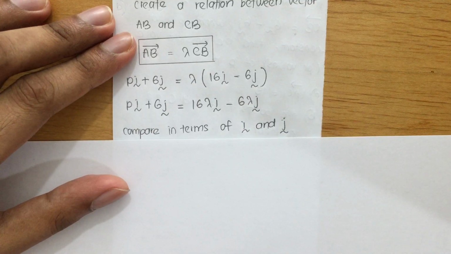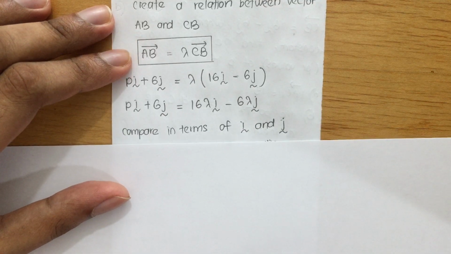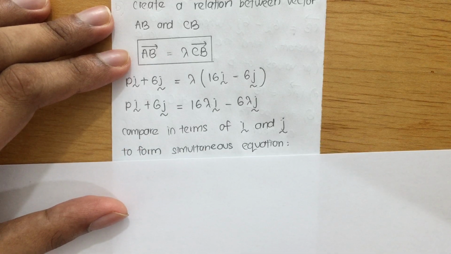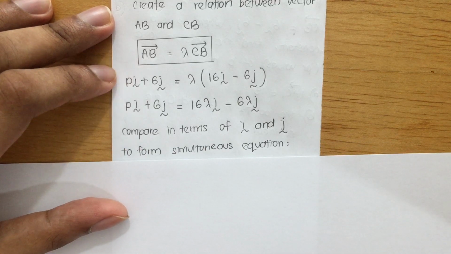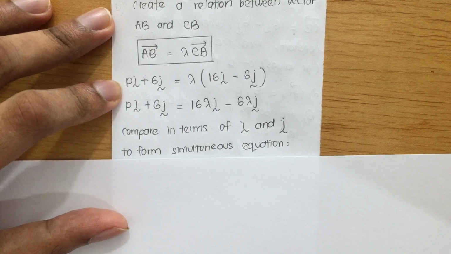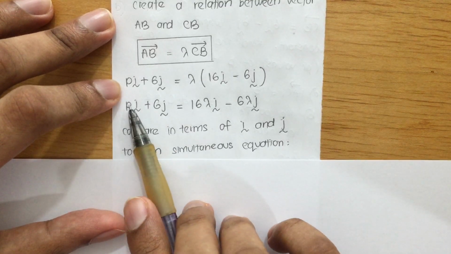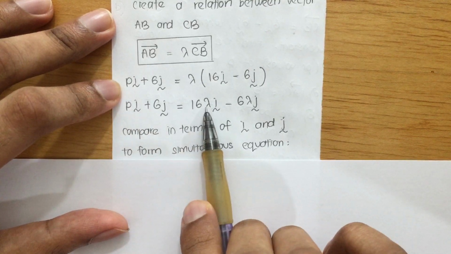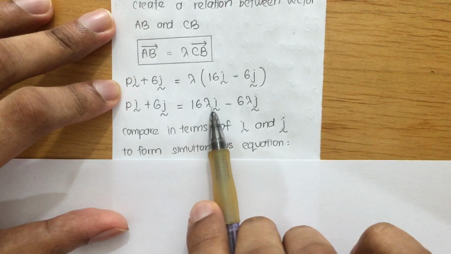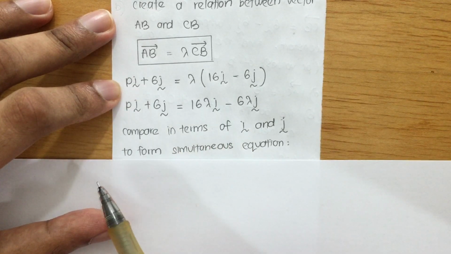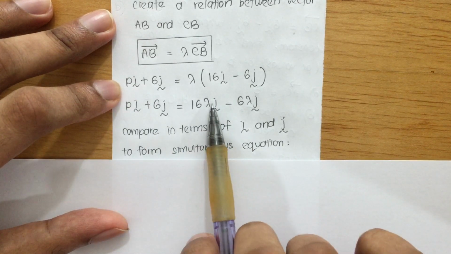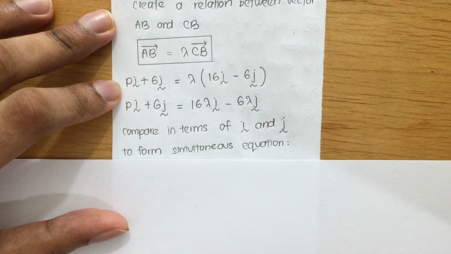So we compare the components i and j to form simultaneous equations. Okay, I hope by now you should know the trend, guys. As you can see over here, we are dealing with two variables. One is lambda, another one is p. You should understand, guys, when you're dealing with two variables, that means you need to form two equations and then solve them simultaneously.